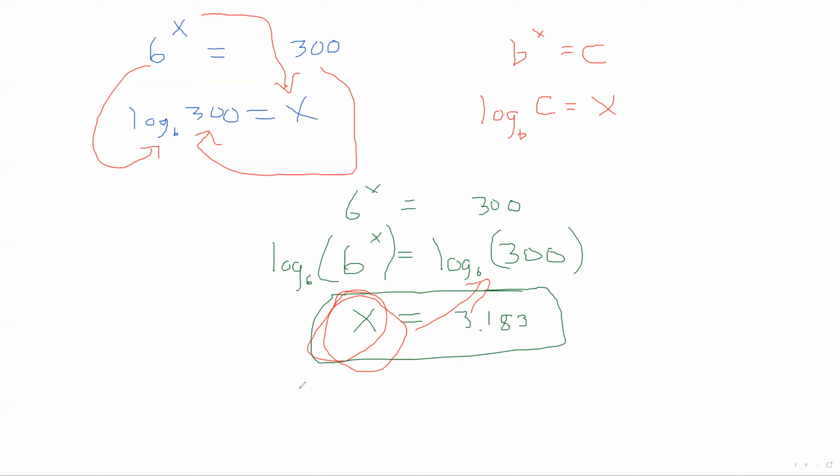And so when you have something that is raised to a power, you should be able to solve it. So let's practice real quick. Let's say we have 8 to the x is equal to 157.